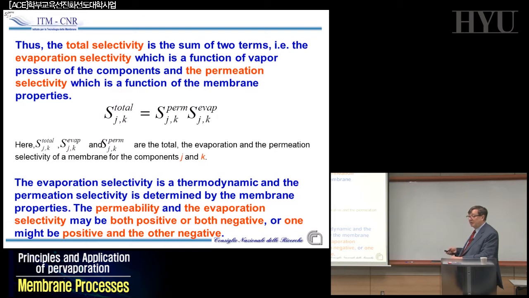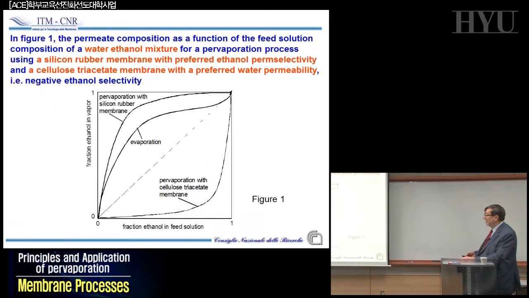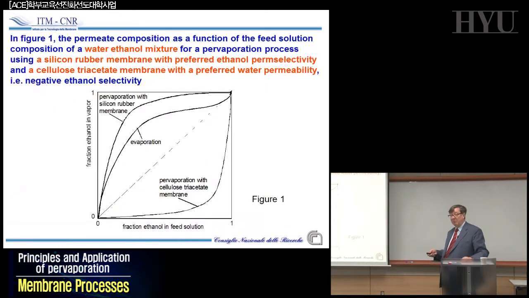You can have a totally different behavior for a certain mixture, depending on the kind of membranes you are using. The permeation and the evaporation selectivity may be positive or negative, and one can be positive compared to the other one that can be negative. This is the most important diagram you have to remember, because this is telling you the story.